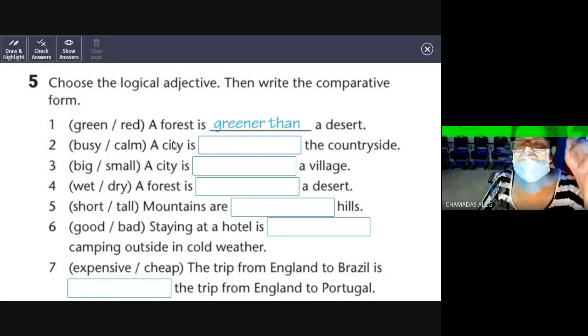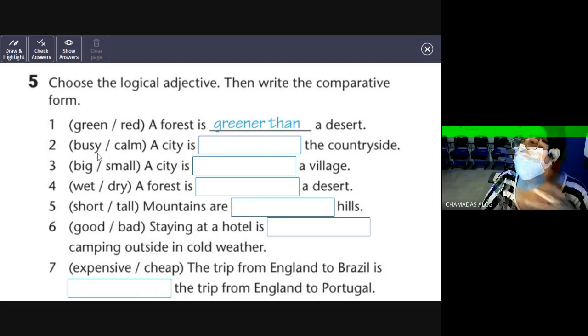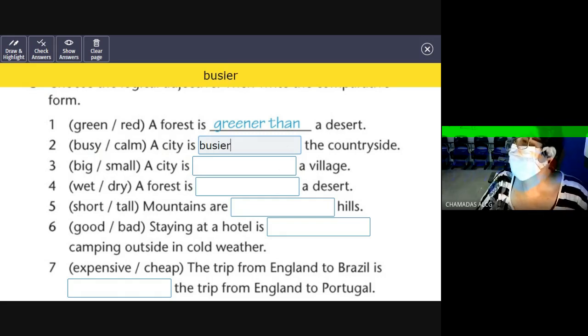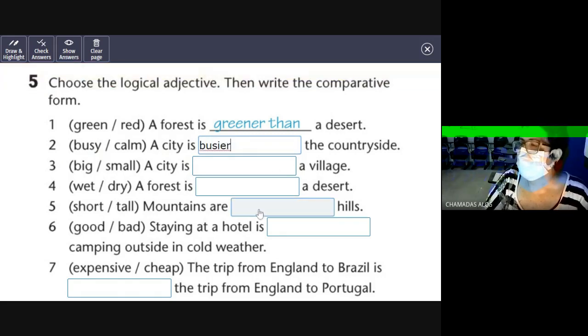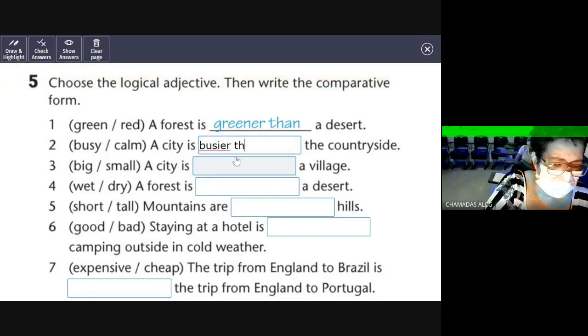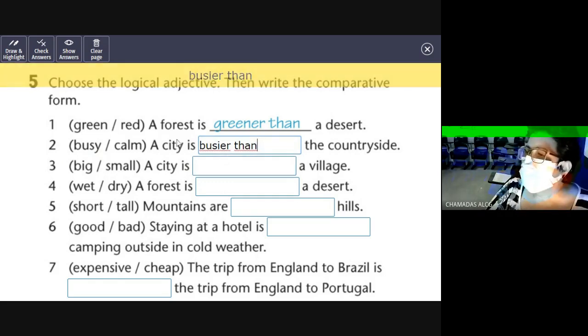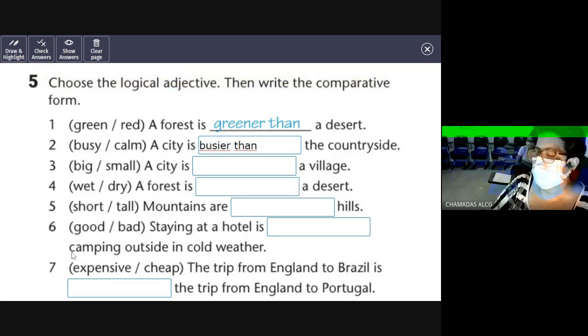So remember, busy ends in Y. So how do we make the comparative? Drop the Y and add I-E-R. So busier, okay? A city is busier. So a city is busier than the countryside. Okay.